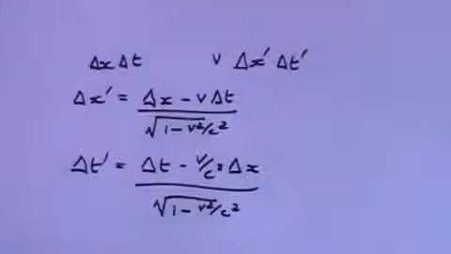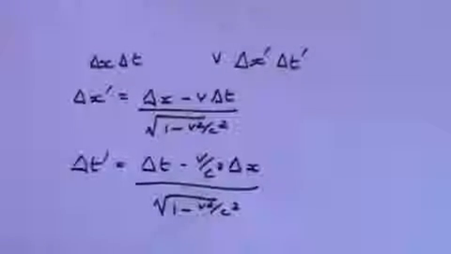Those are the two terms that relate the length and the time measured by one person compared with the length and time measured by another person who is travelling at speed v relative to the first person.